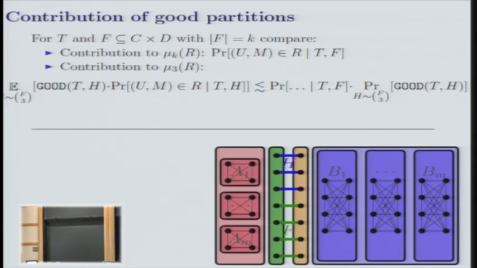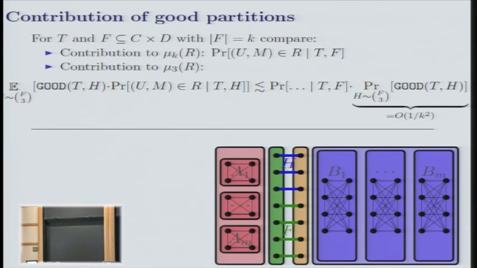The only thing that we need to argue about is, out of those k edges here, if we take a random triple, what's the chance that this is going to satisfy the goodness definition? I claim that the fraction is very small, and this is the 1 over k squared factor that we need.